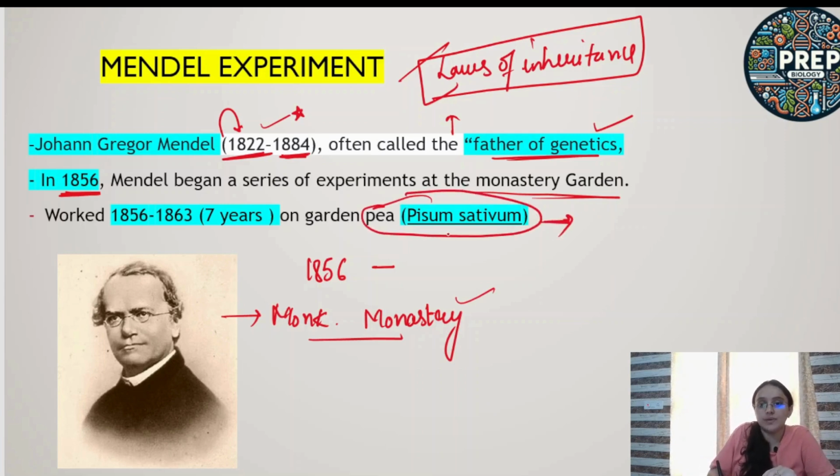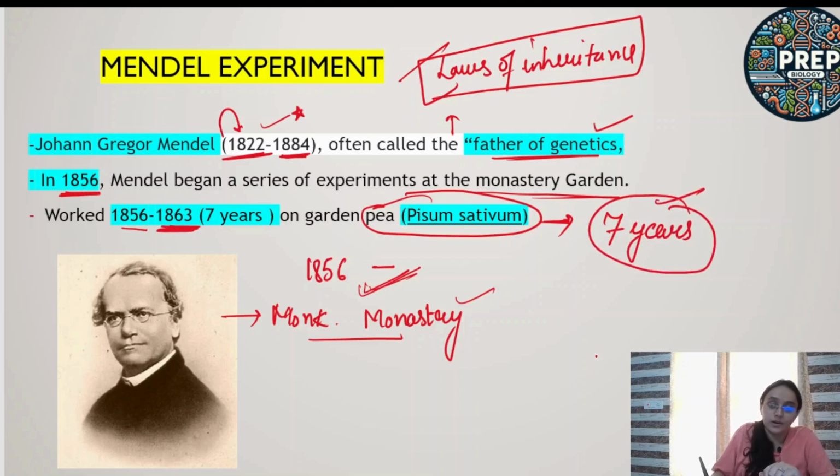The scientific name of the garden pea is Pisum sativum. In 1856 he started his work, and from 1856 to 1863 he worked on this plant, so he worked at least 7 years on it. So the first question is, why did he choose the pea plant?